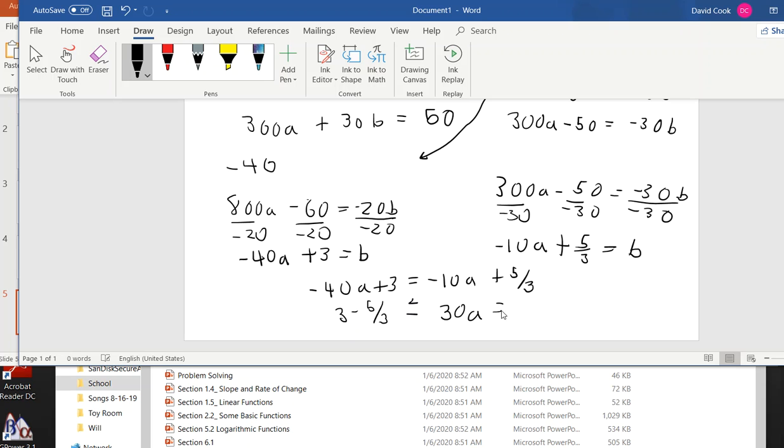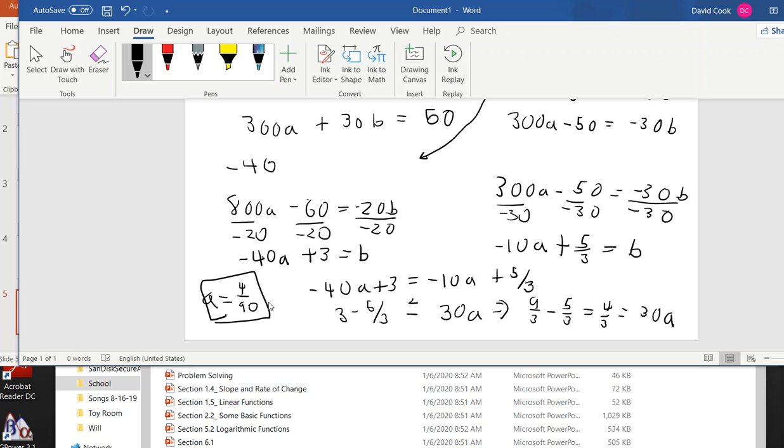So this becomes 9/3 minus 5/3, which is 4/3, equals 30A. So therefore, finally, A is going to equal 4 over 90. So this is the result for A.